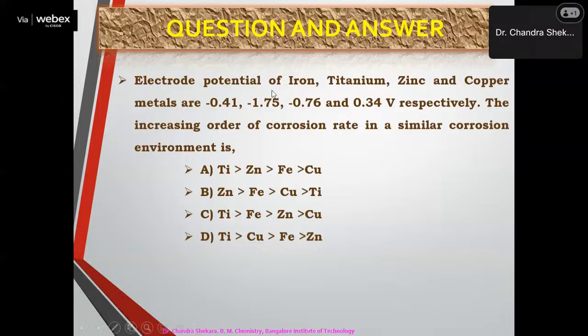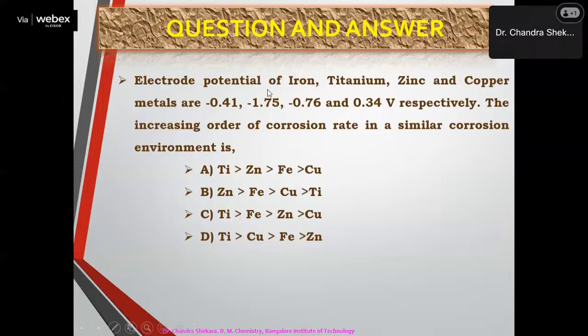But here, the potential of the titanium is minus 1.75 volt. Therefore, theoretically, the titanium should have a higher tendency to undergo corrosion, higher tendency to undergo oxidation. But the second concept you have to remember here is that titanium metal is a passive metal.